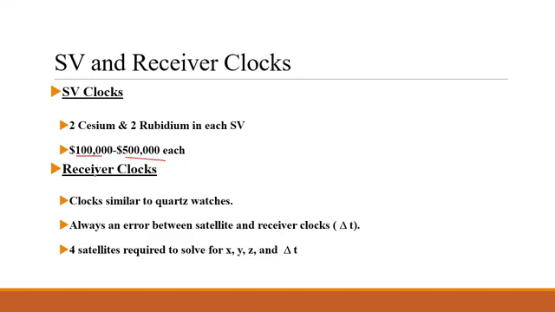The second one is receiver clocks. This clock is similar to quartz watches. There is always an error between satellite and receiver clocks. We will cover it in the next few slides. 4 satellites are required to solve for X, Y, Z and time.